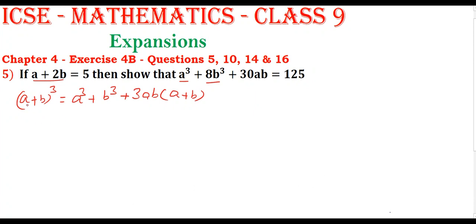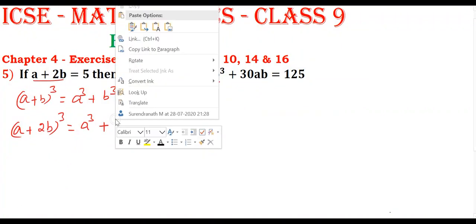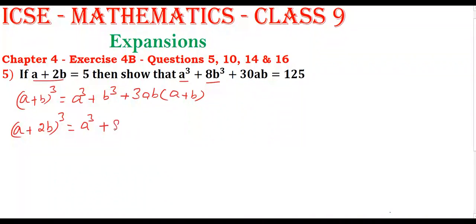So in the place of a we have a here and in place of b we have 2b. So we will apply the same. So a plus 2b the whole cube equals a cube first. So here also a cube, b cube, in the place of b we have 2b. So 2b cube, 2 into 2 into 2, it's 8b cube, plus 3 into a into 2b into a plus 2b.